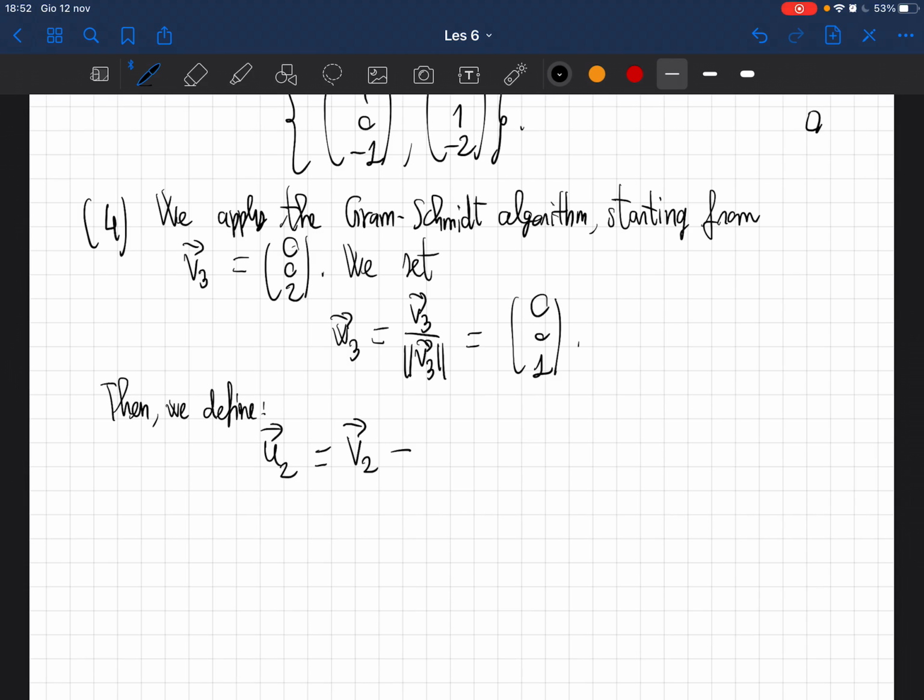V2 minus the projection on the span of V2.